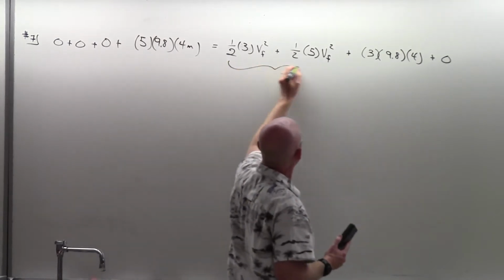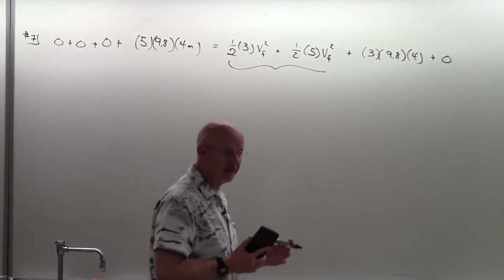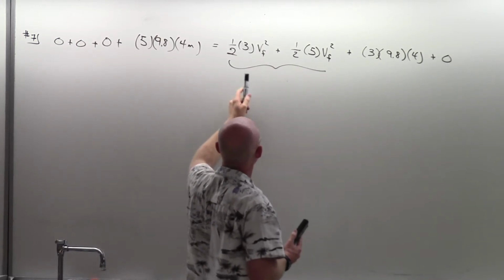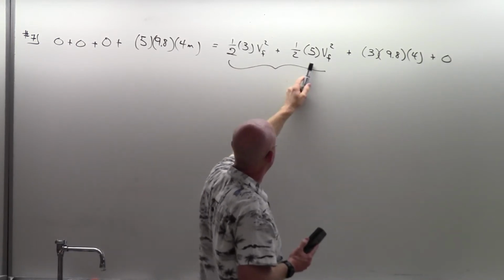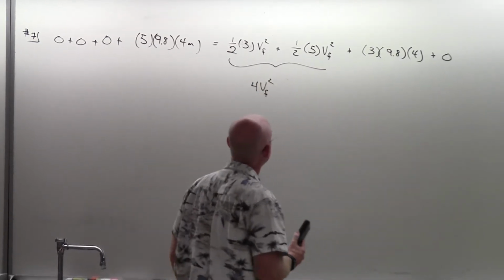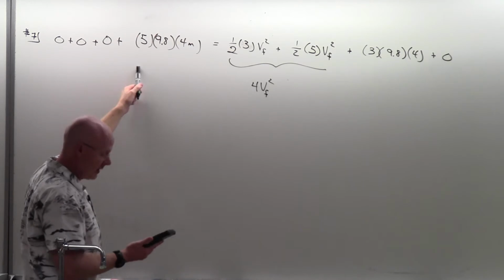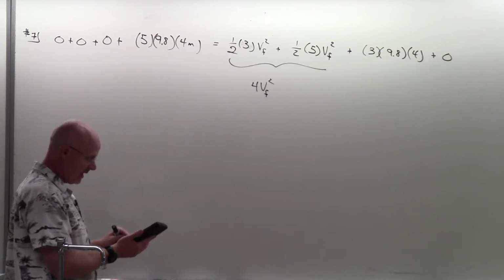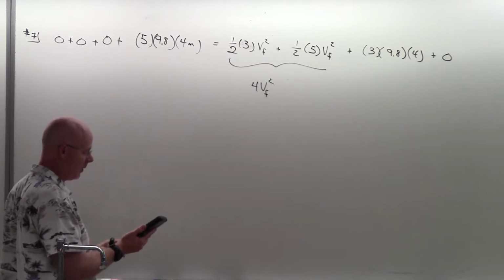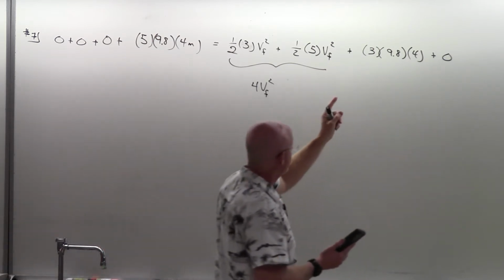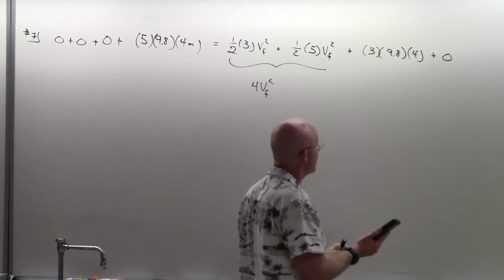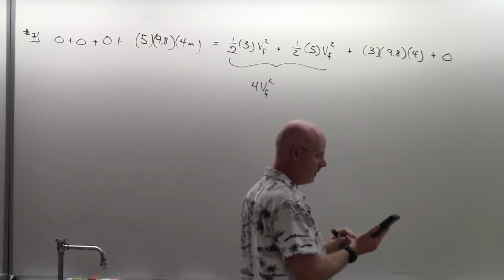Maybe before I grab my calculator, I'll even simplify this. The nice thing about them is they were like terms. So this is 1.5 plus 2.5, which gives me 4. And so over here, I can go 5 times 9.8 times 4. Over here, I can go 3 times 9.8 times 4.